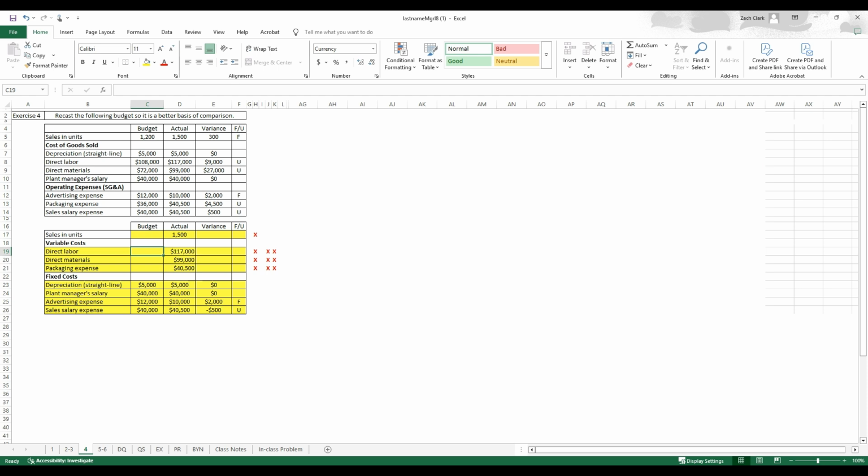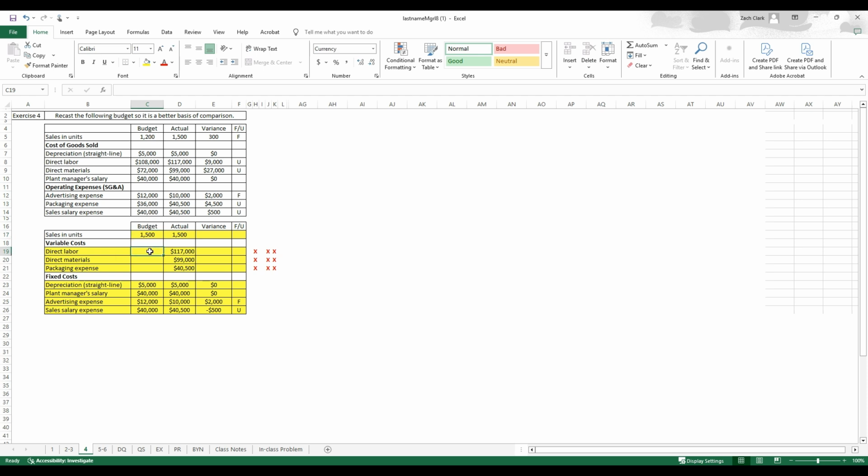Okay. So now for the direct labor and direct materials, the variable costs, first thing, let's bump this up to 1,500, right? We showed 1,200 up here.